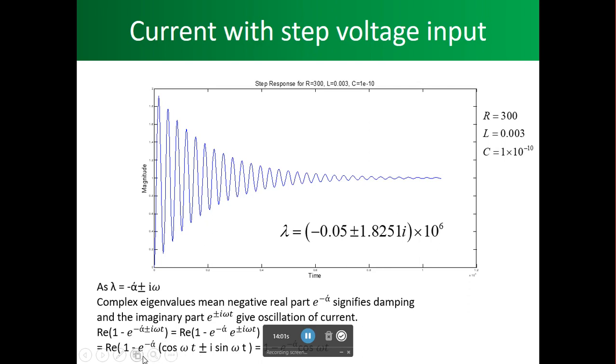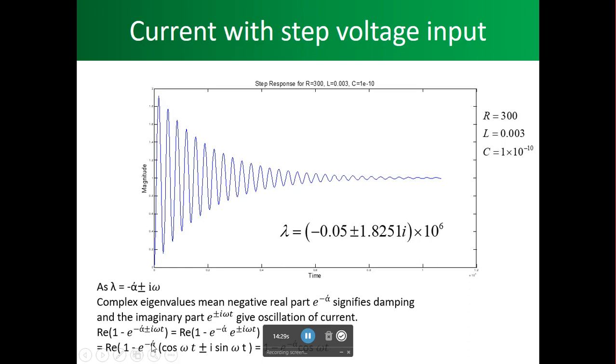So as t gets greater and greater, it'll oscillate, as we mentioned in the beginning, from 0 to 2. And as it oscillates, we have this damper here that will dampen it out.